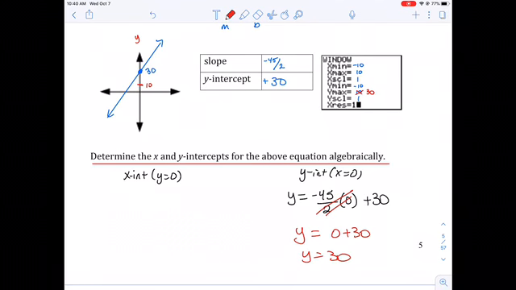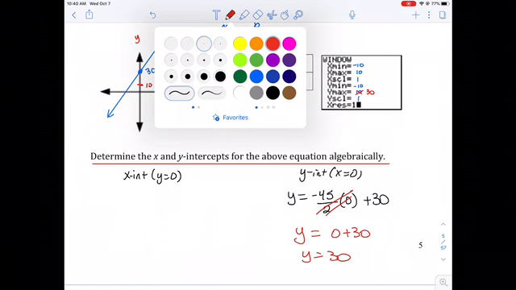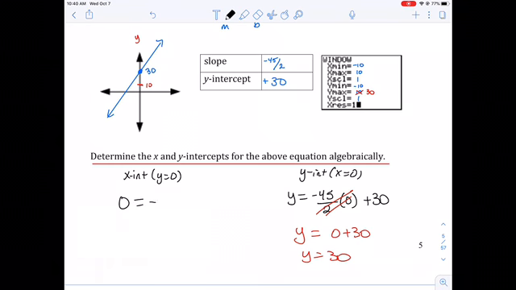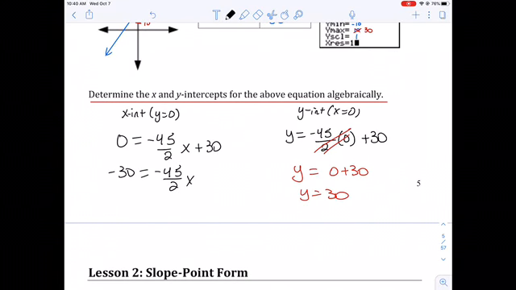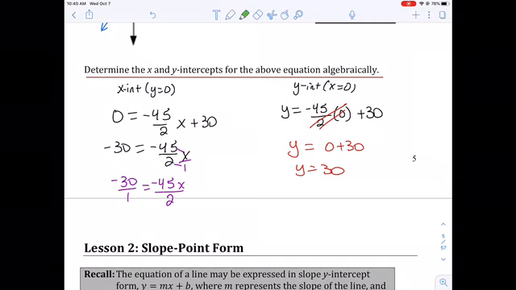The other, finding the x-intercept, letting y equal 0, we're going to say 0 is equal to -45 over 2 x plus 30. We're going to subtract 30 from both sides. Now I've got -30 equals -45 over 2 x. Of course, I can just rewrite that as -45x over 2 because I'm just multiplying these two fractions. So this is just the same as -30 over 1 is -45x over 2. Now I've got a proportion, so the easiest way to solve a proportion is to cross multiply.